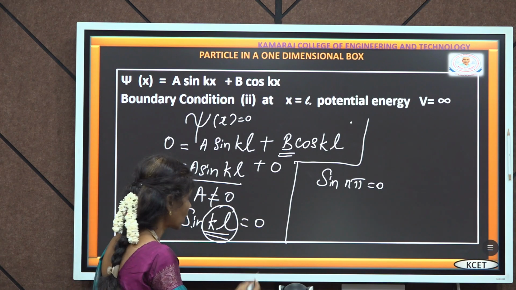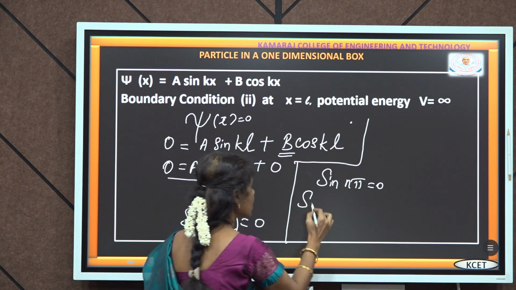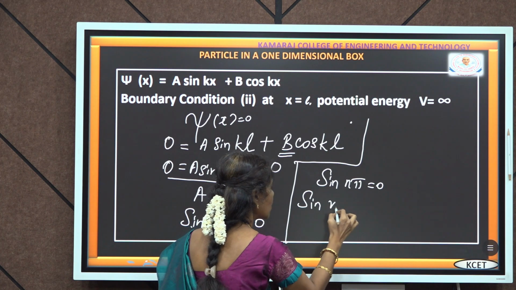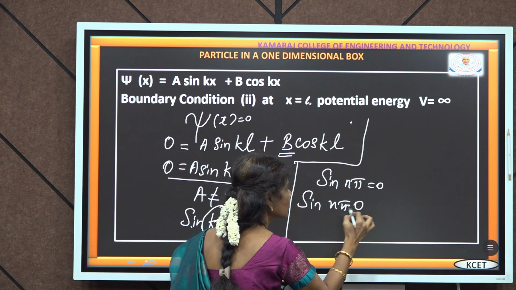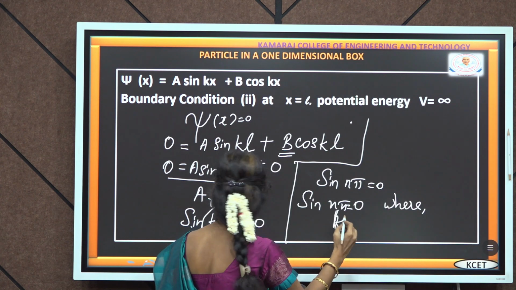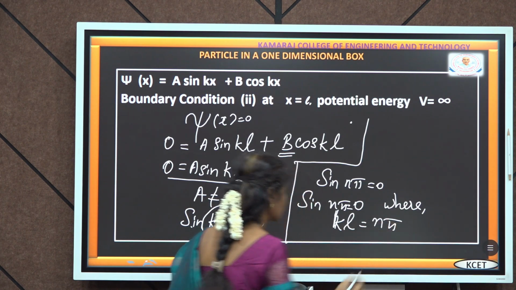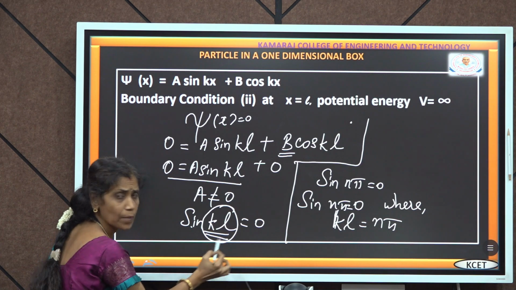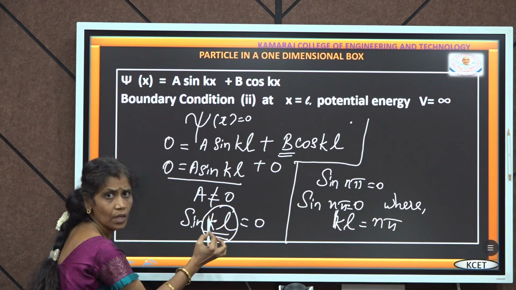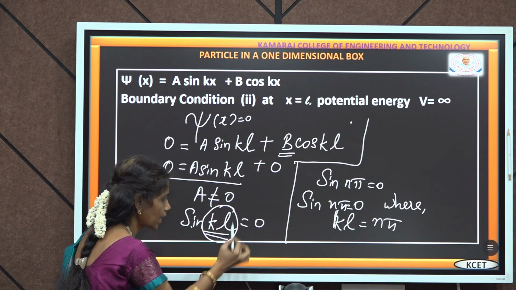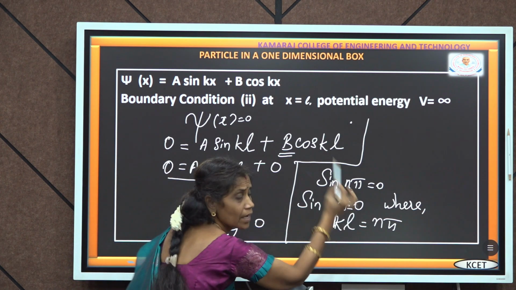So, I am rewriting this as sin n pi is equal to 0, where KL is equal to n pi. Here I have replaced the KL term with n pi.